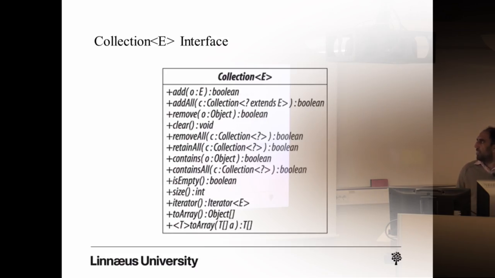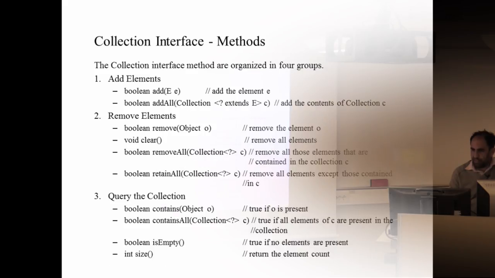Here is the class diagram in UML notation for the collection interface, and it shows you some of the key methods. We will look at these key methods one by one, and they can be categorized into four major groups.